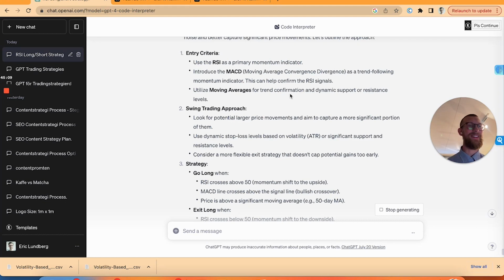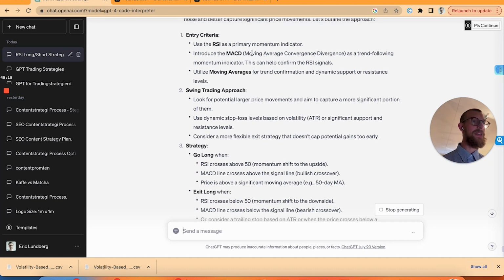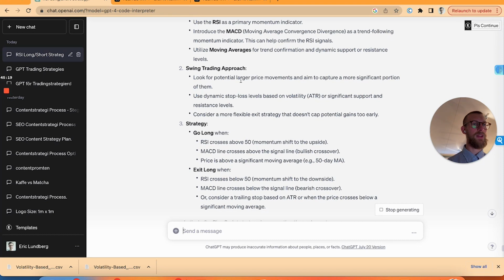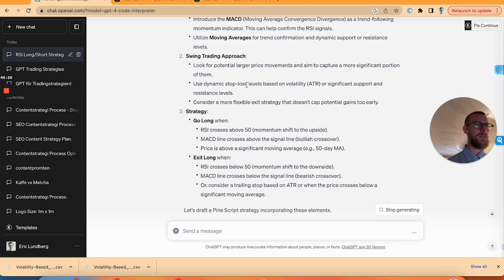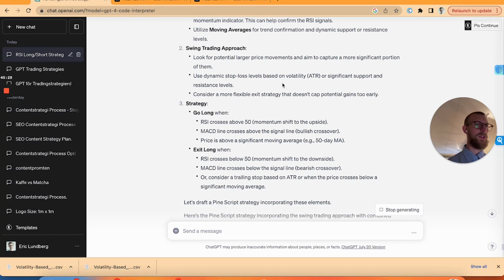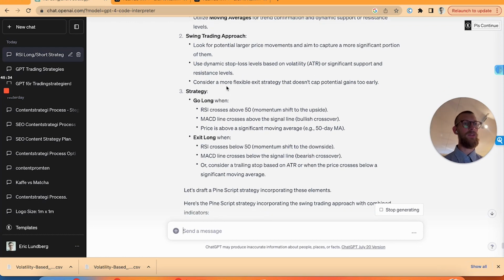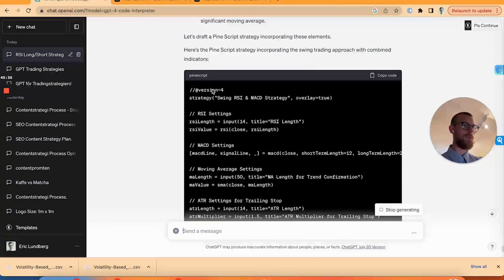So now we'll use the RSI as a primary momentum indicator, and we will introduce the MACD, utilize the moving averages, swing trading approach, look for potential large price movements. Great, but how? Use dynamic stop loss level based on volatility, average true range, or significant support and resistance levels, considering a more flexible exit strategy.